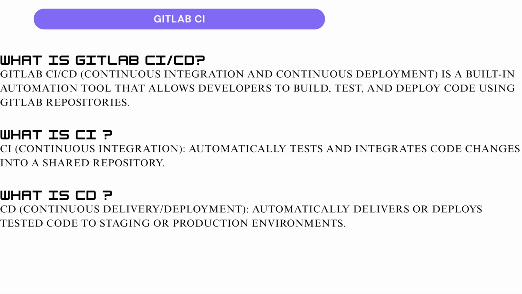Like if you know about Jenkins, where you need to manage it on your own. So here you don't need to manage the server and all, and you can just focus on implementing the CI/CD pipeline, which helps the developer to build, test, compile, package, deploy, test, etc. using GitLab repositories.